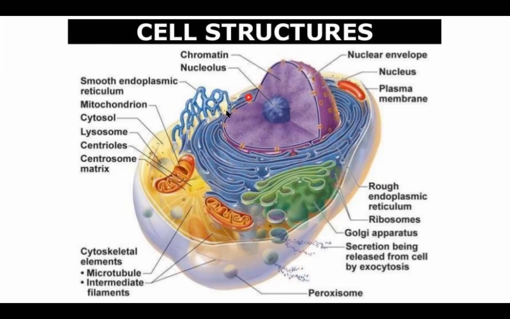On the outside of your nucleus, you have the nuclear envelope. That's made of a phospholipid bilayer, and it has these protein channels in it. We call those nuclear pores. Those nuclear pores are where little cellular components can get in and out of the nucleus to access the DNA. The DNA is too big to ever leave the nucleus.